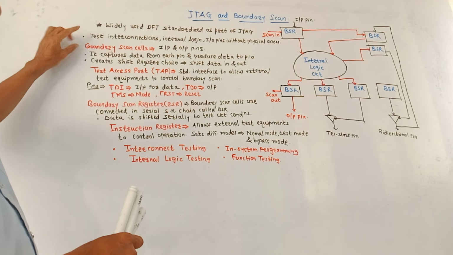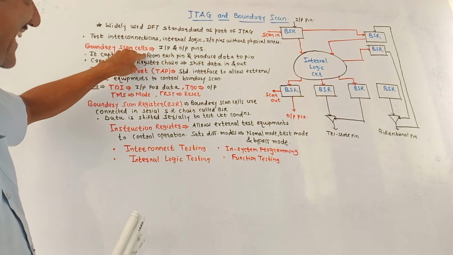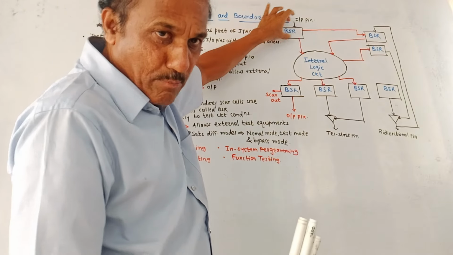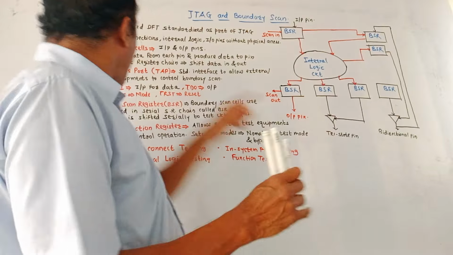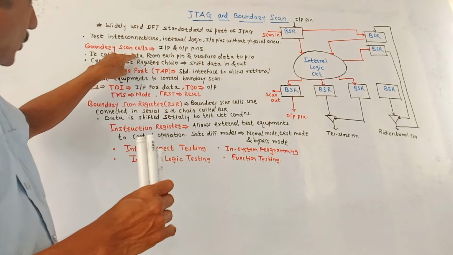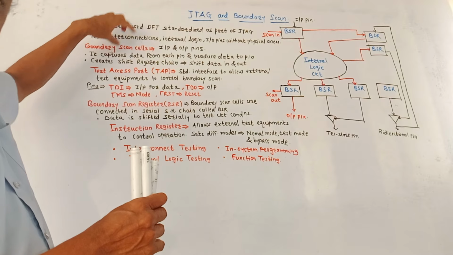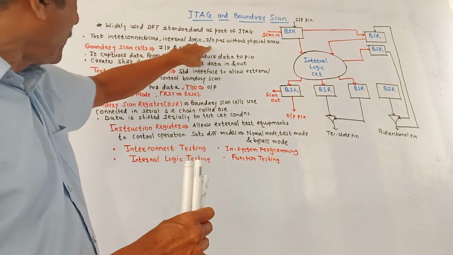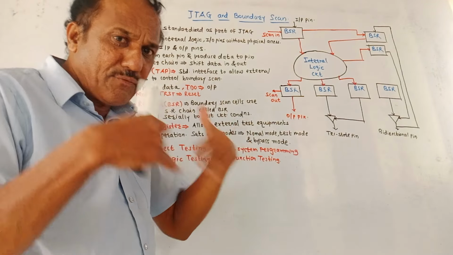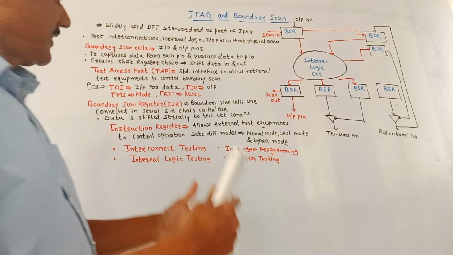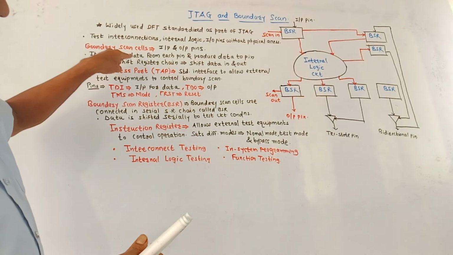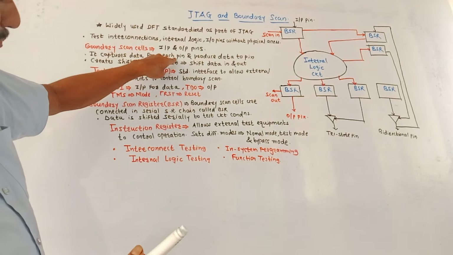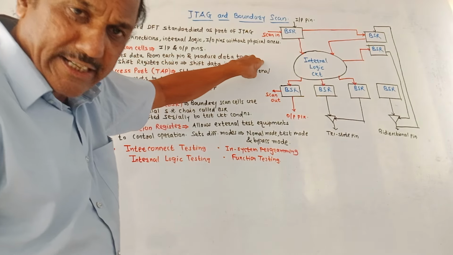The important part in this case is the boundary scan cell. Actually, this BSR, boundary scan register, contains a chain, a group of boundary scan cells. This boundary scan cell is connected to input and output pins as well as at different places in the circuit which you want to test. So it captures the data from each pin as well as it produces data to the pin.